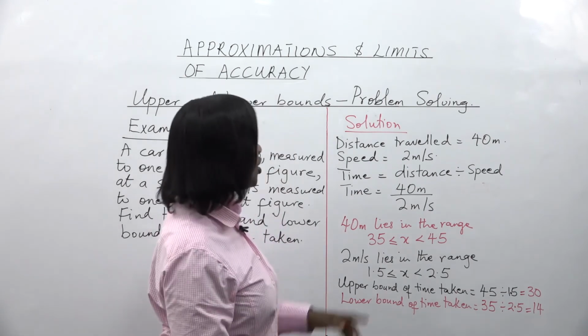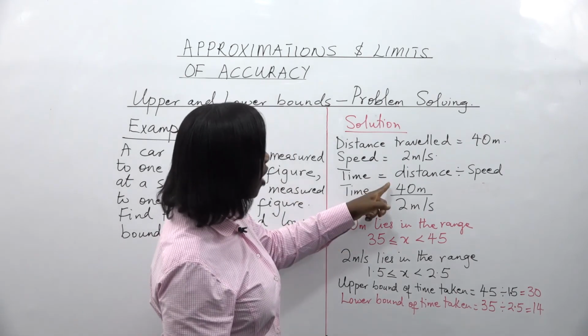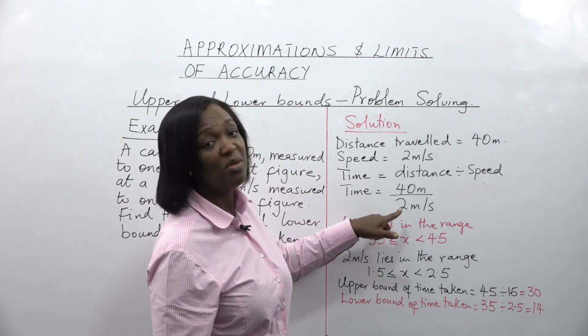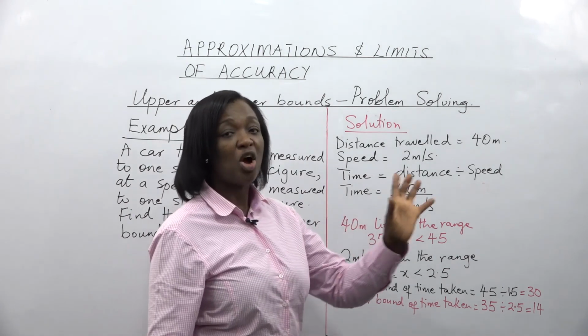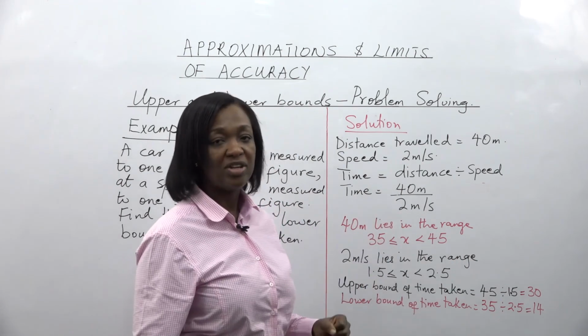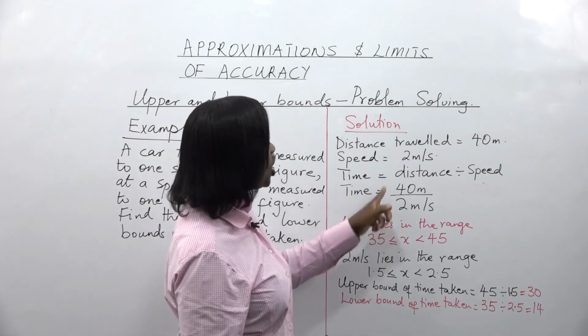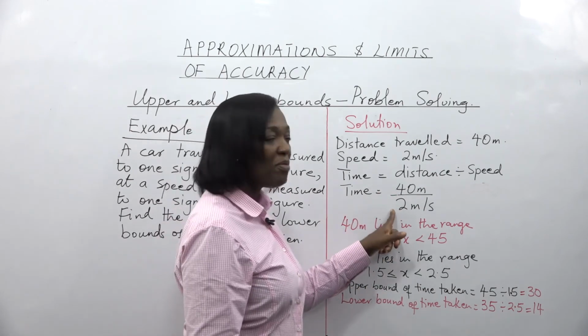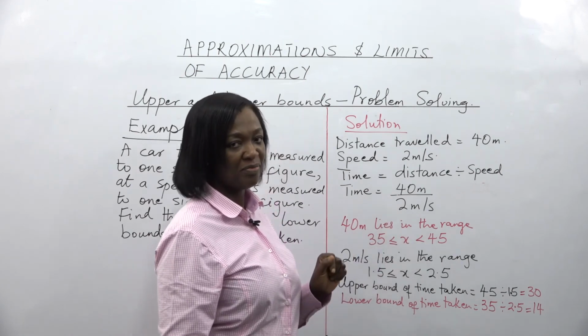The rule is you divide the upper bound of the numerator by the lower bound of the denominator to get the upper bound of that division. And then to get the lower bound of the division, you divide the lower bound of the numerator by the upper bound of the denominator.